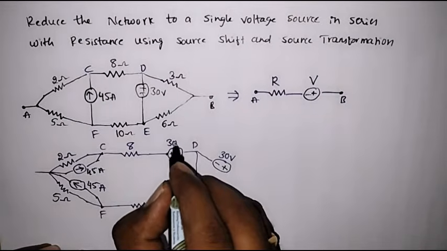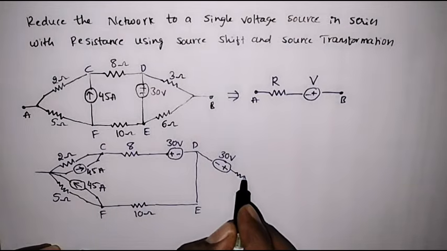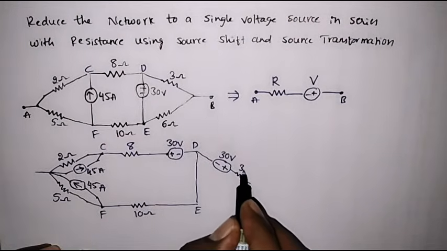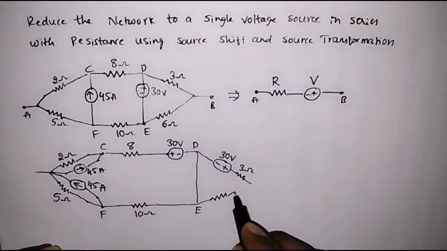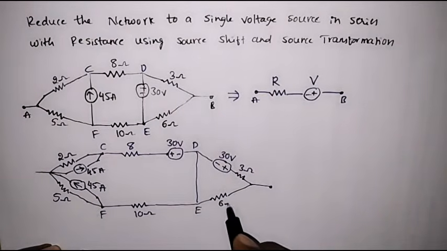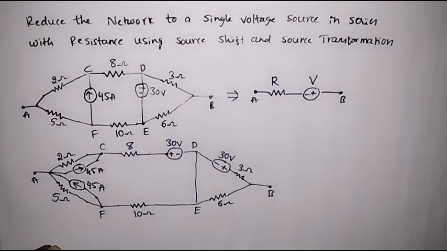Here also it is the same. This resistor will appear in series with this voltage source, that is 3 ohm, and here we have a 6 ohm resistor that is connected as it is. This is terminal A, this is terminal B.